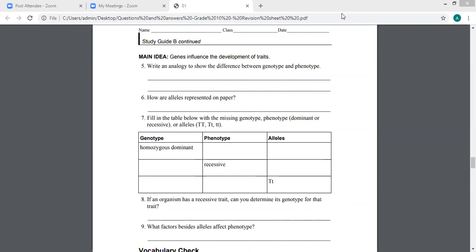Simply, we explain that genotype is a set of genes in DNA, and phenotype is the physical expression of genes.